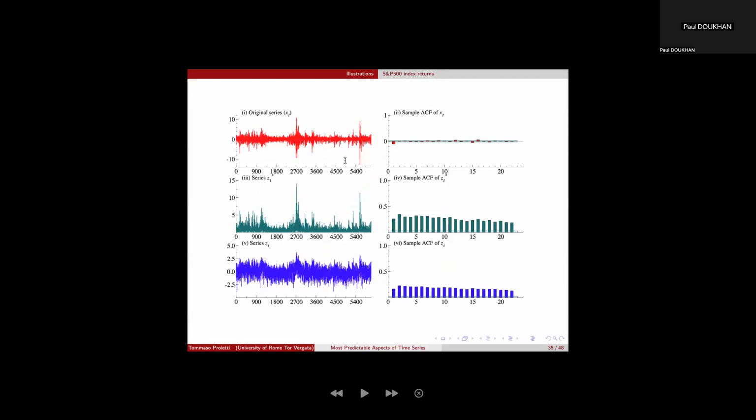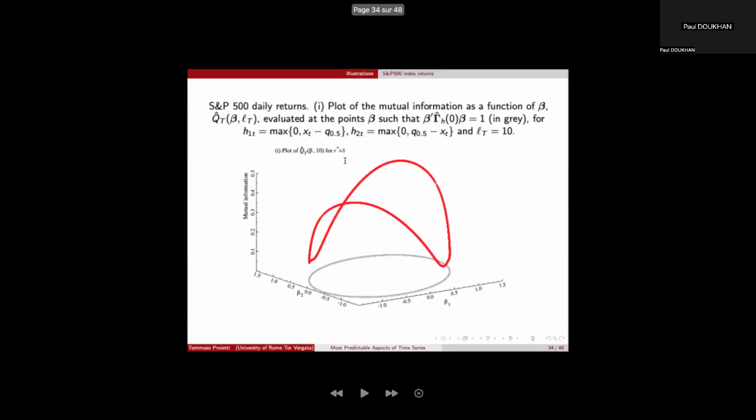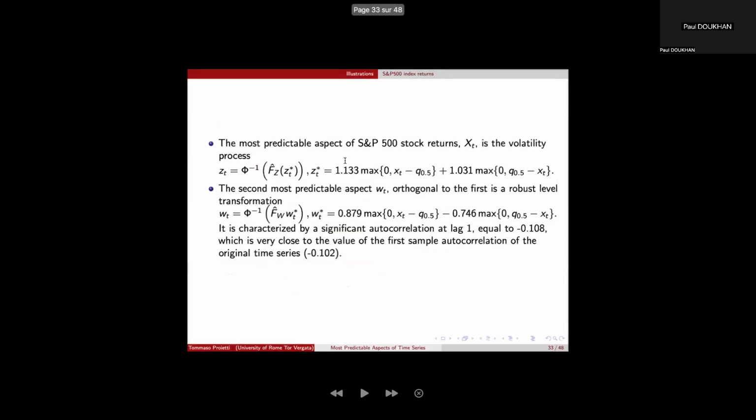And in fact, you see that the most predictable aspect of this time series is volatility itself. This series is highly correlated with the absolute values and the squares of the original time series. So volatility is indeed very predictable.